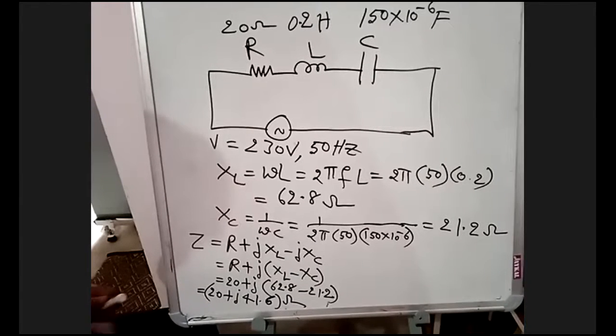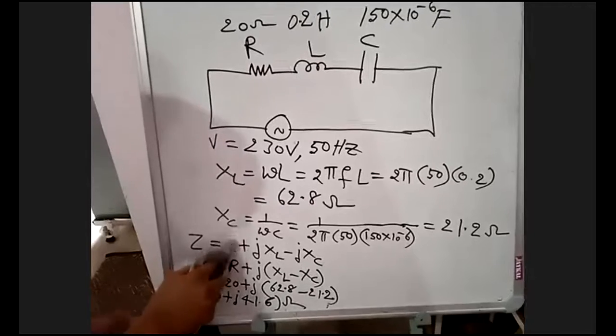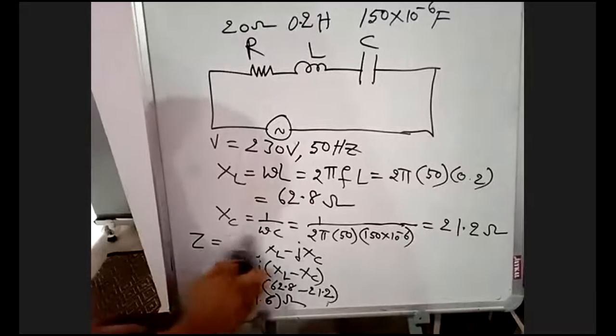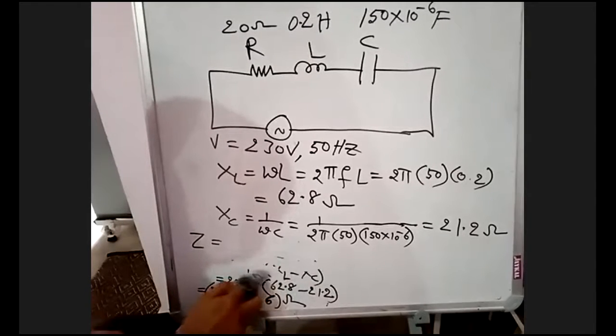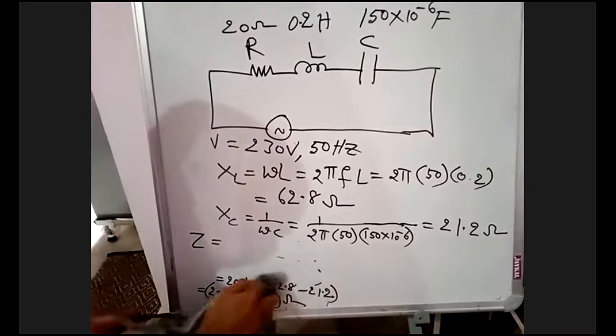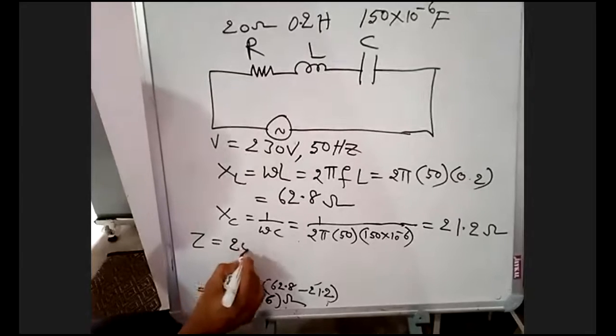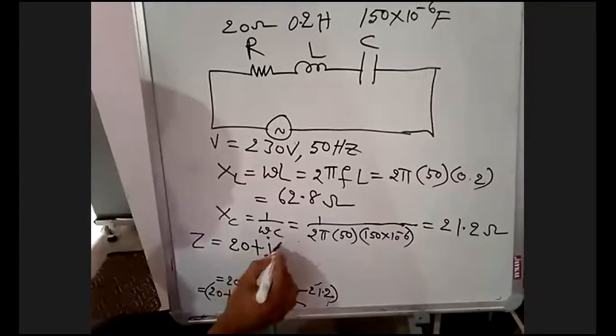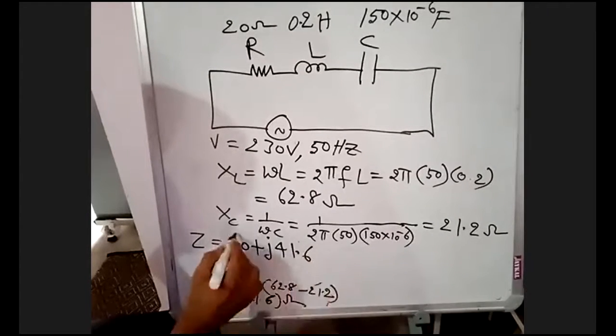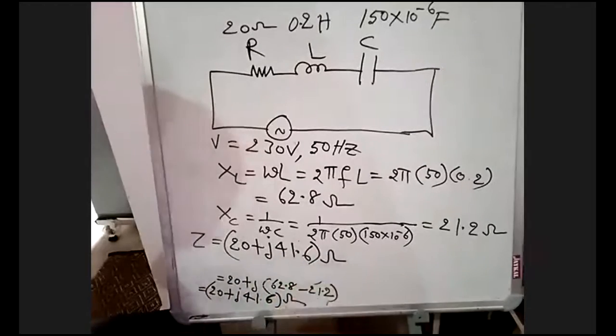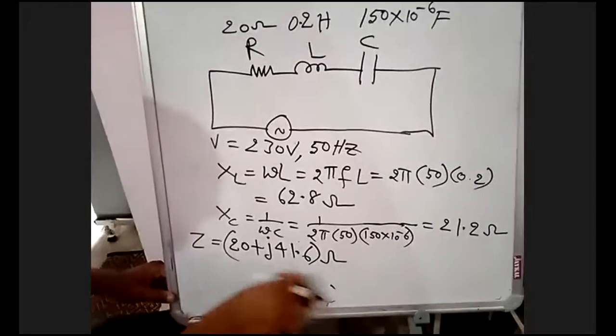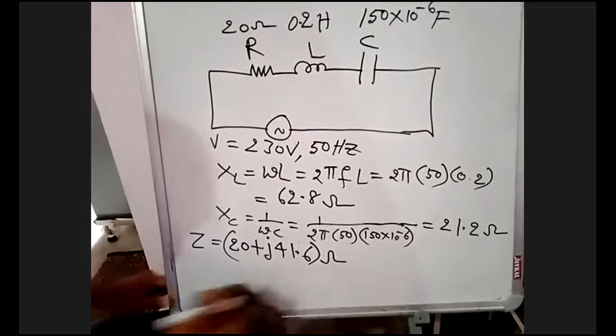So Z value is 20 plus J 41.6 ohms. So this is the value of Z.